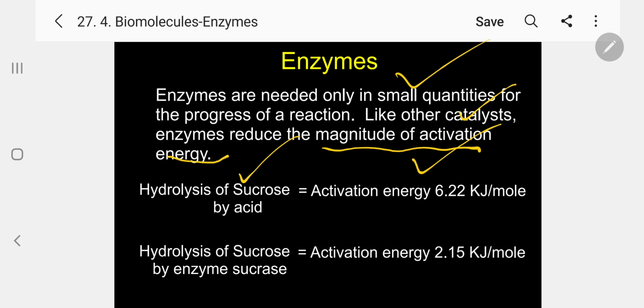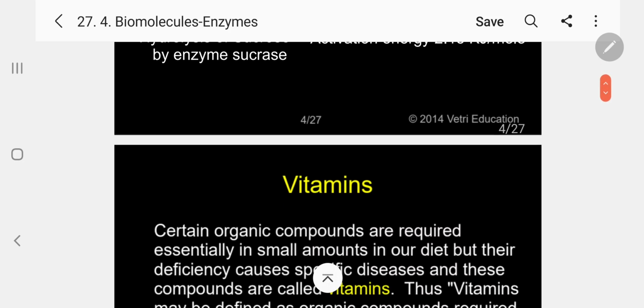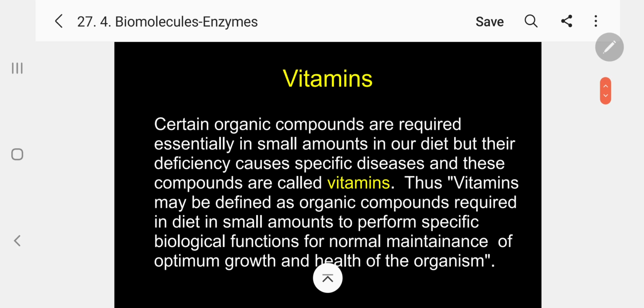Kindly follow, hydrolysis of sucrose by the enzyme sucrase: by acid, activation energy 6.22, whereas by the enzyme sucrase, activation energy is low, comparatively 1/3, 2.15 kilojoule per mole. Very interesting information. So next, let me go for vitamins.